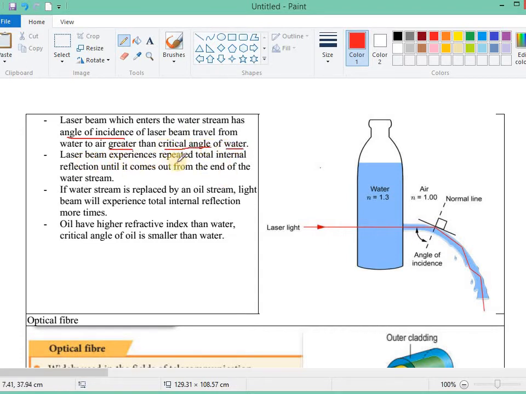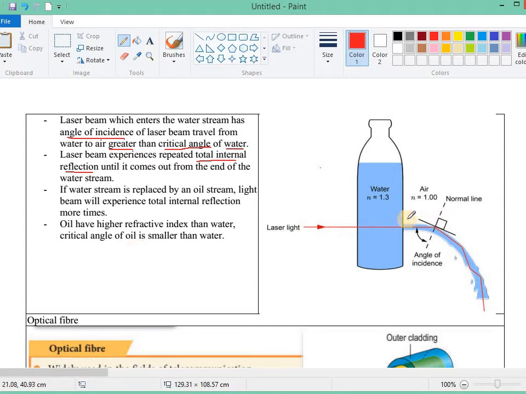So the laser beam experiences repeated total internal reflection until it comes out from the end of the water stream. So if the water stream is replaced by an oil stream, the light beam will experience total internal reflection more times. The reason is because oil has a higher refractive index than water, so the critical angle of oil is smaller than water.